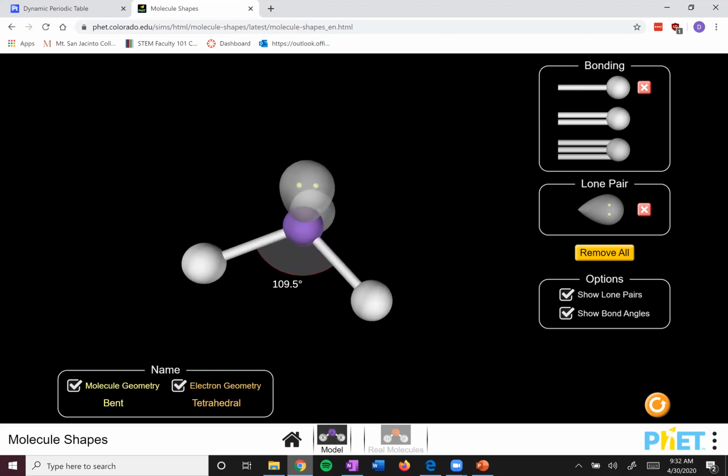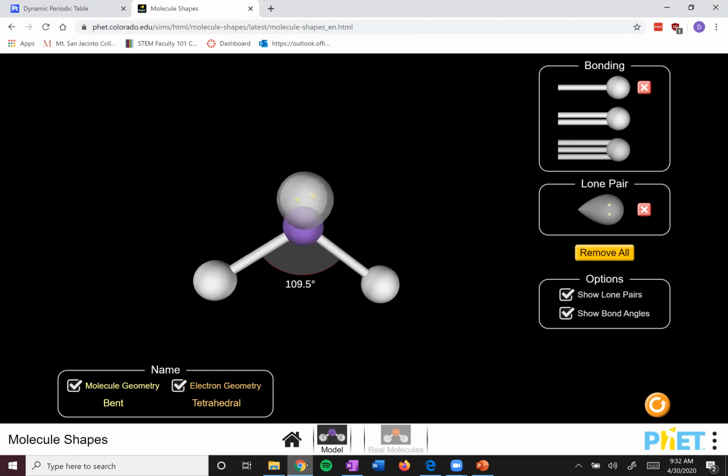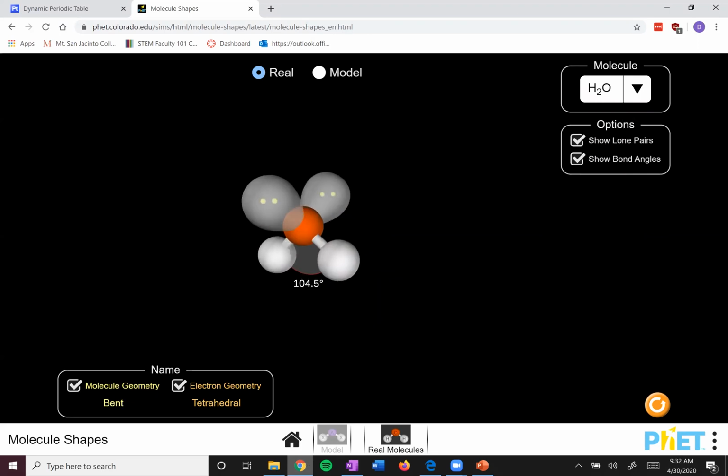And you can see our two-dimensional drawing of water isn't quite as accurate as what it really is, because one of these lone pairs is going in and out of the plane, but that's generally the way water is drawn. And then if you take a look at real water, you can see the bond angle is less than 109.5. And again, molecule geometry bent, electron geometry tetrahedral.